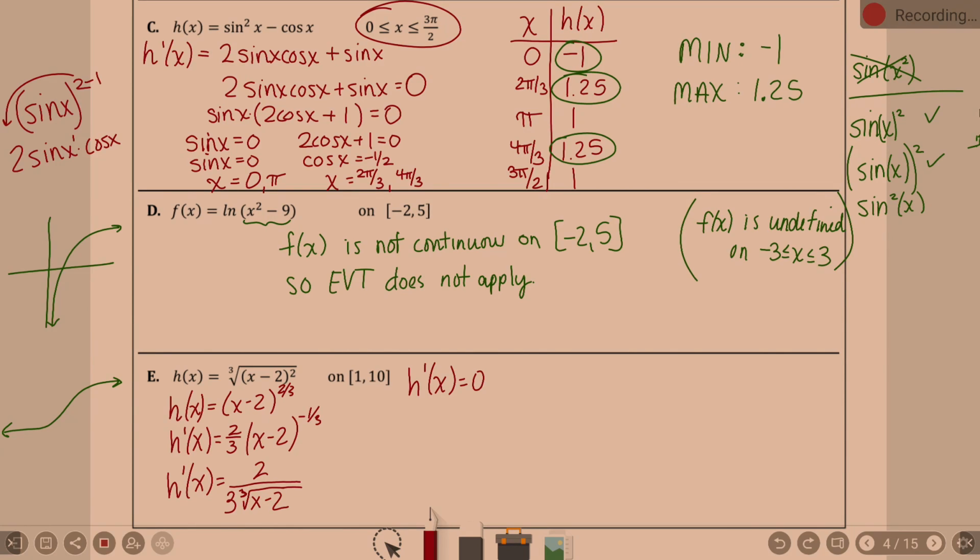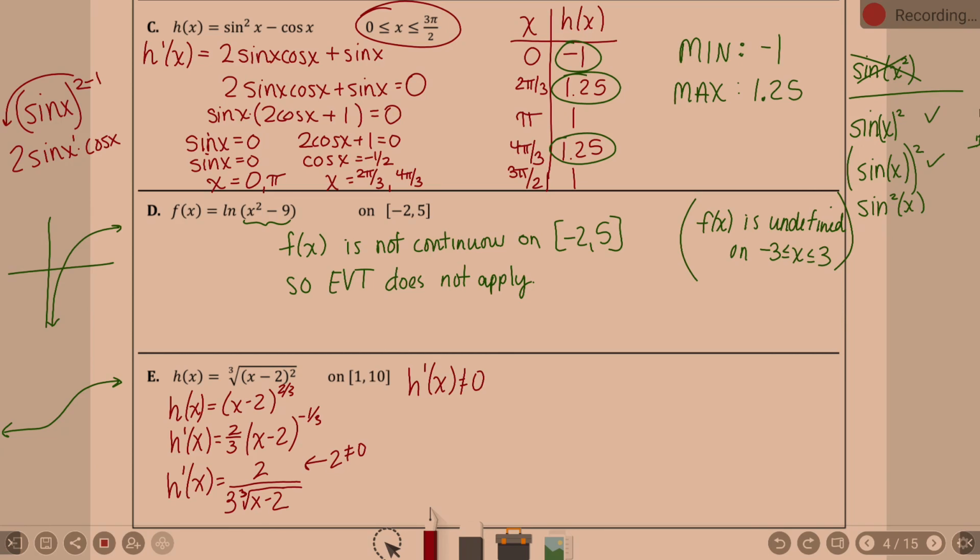When do fractions equal 0? When the numerator equals 0. When is my numerator going to equal 0? It can't. So will my derivative ever equal 0? No. In this case, my derivative will never equal 0 because 2 will never be 0.